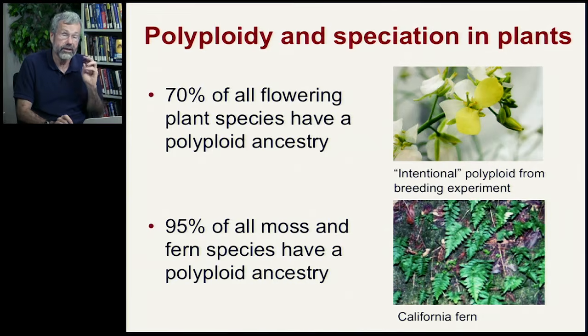In the deeper lineage of the plant taxon, you have the earliest plants were mosses and ferns. And again, through time, we see that at one point or another in the last few 100 million years or so, 95% of all moss and fern species have some sort of polyploid phase in their lineage. So they have polyploid ancestry.